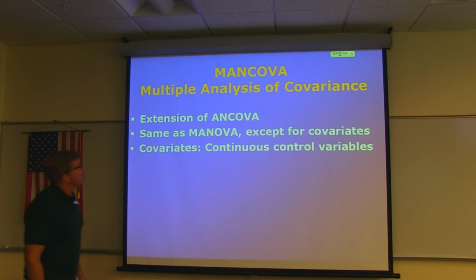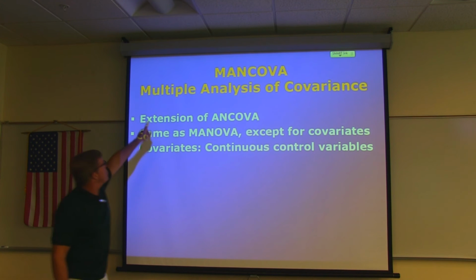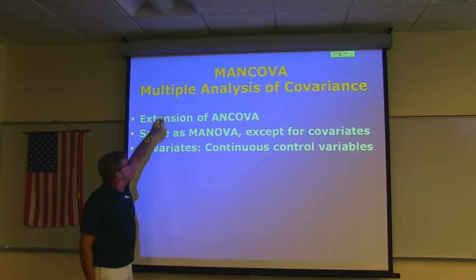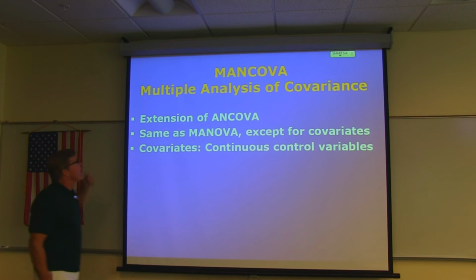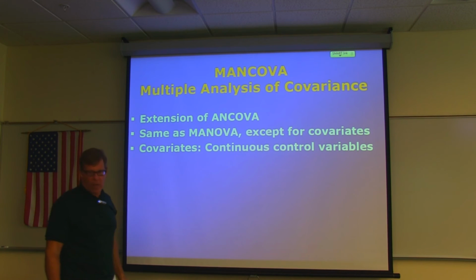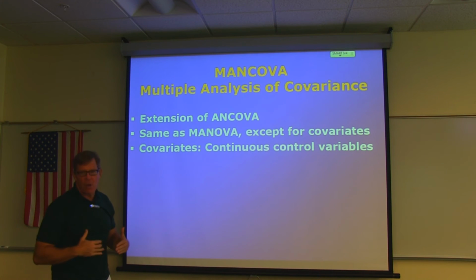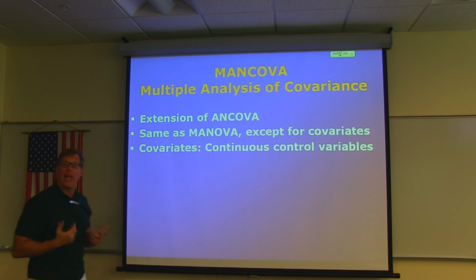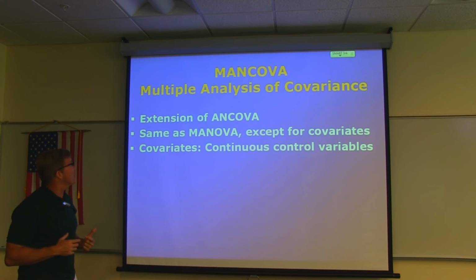Multivariate analysis of covariance, MANCOVA, is identical to the MANOVA with one thing. We identify a covariate, we factor out the effects of the covariate, some potential confounding variable. It gives us a clearer picture as to what's going on.